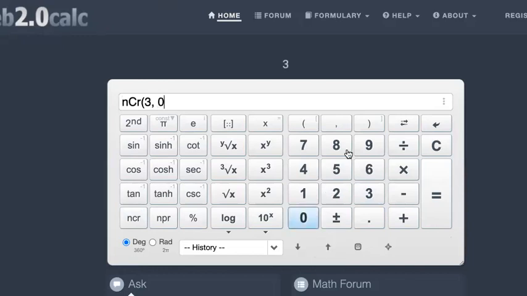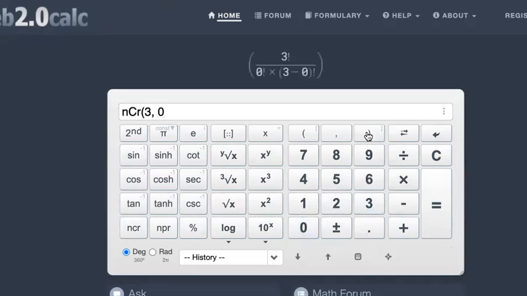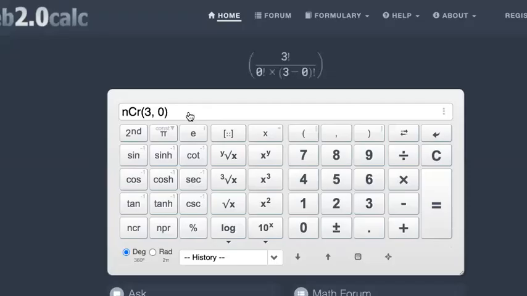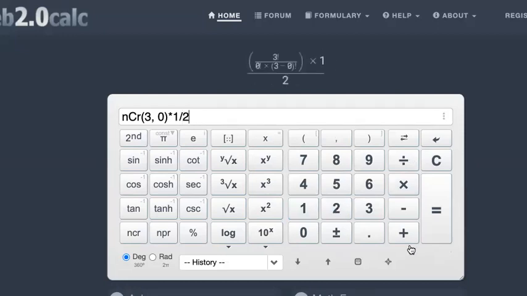We want to know the probability that they're going to win 0 times, so 0 games. And then we're going to multiply this by the probability of success, 1/2, or you can write 0.5.